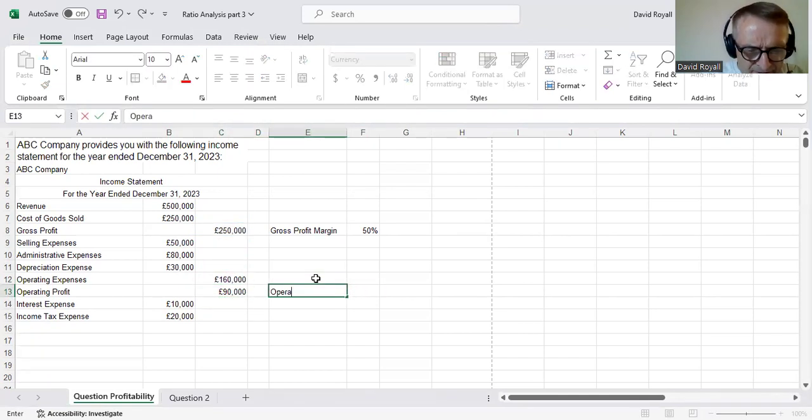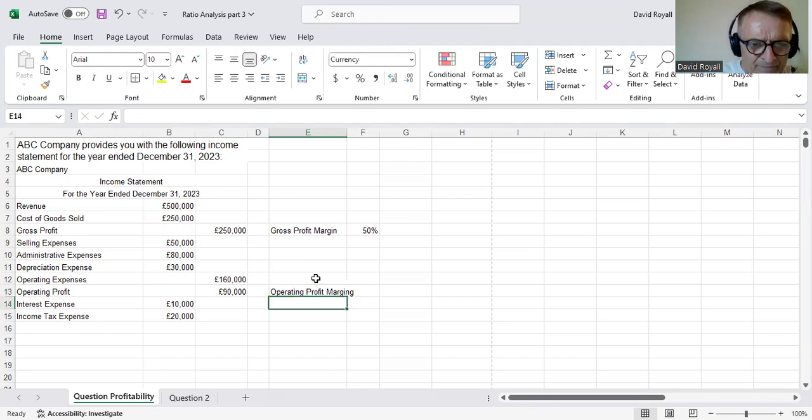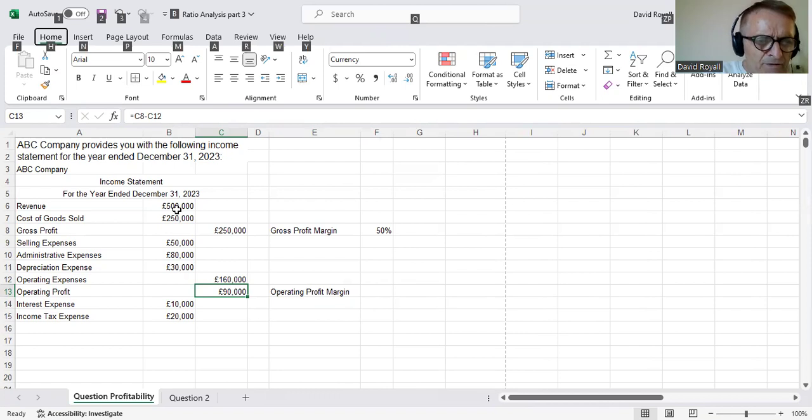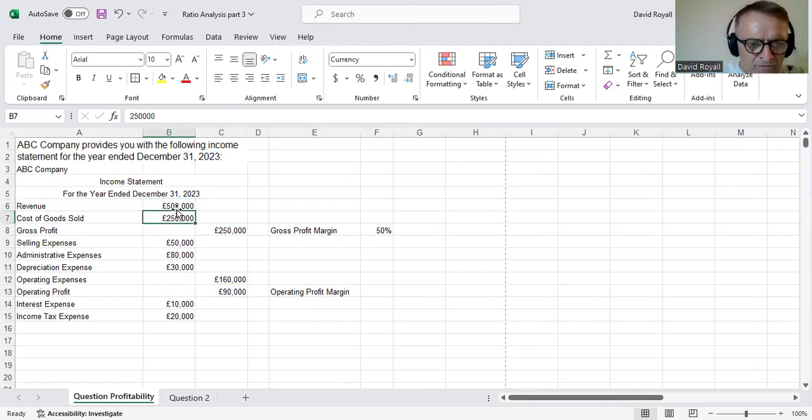So our operating profit margin will be equal to the operating profit divided by the revenue that we've earned.